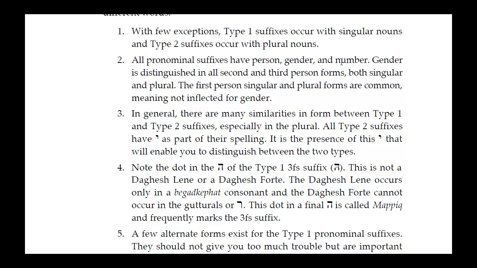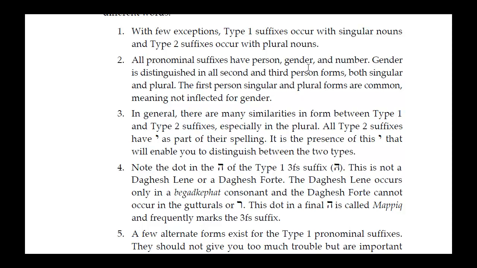Just like we learned with the adjectives, that they have a gender and a number. They agree with the noun in gender, number, and indefiniteness. In this case, we have a person, which is first person, second person, or third person here.